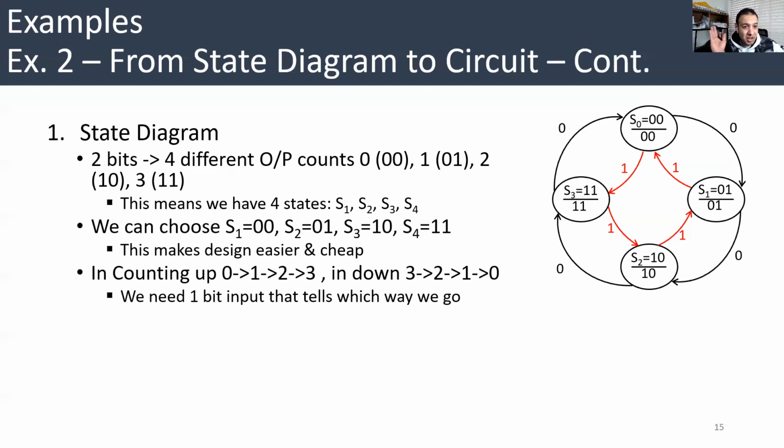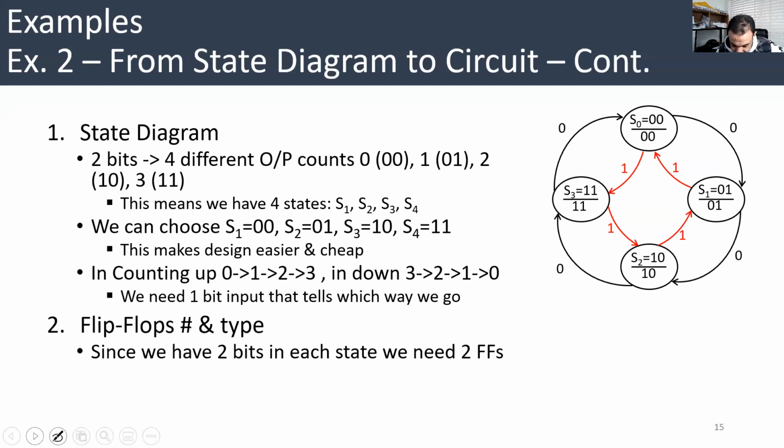We are going to use either D, T, or JK. Since here we have 4 states, each state is 2 bits, so we have 2 flip-flops, as we mentioned when we started analyzing. So we need 2 flip-flops, and both of them are D flip-flops.